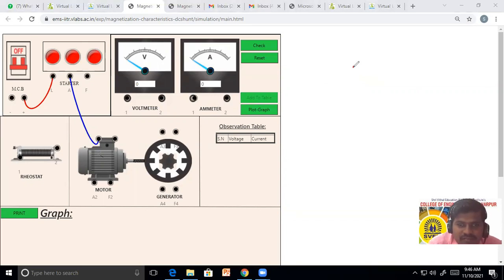Suppose this is the motor, and this is the 3-point starter. This terminal is nothing but the L terminal, this is the field terminal, this is the armature terminal. Okay, now for that L, F, A, the positive terminal of this DC source is the plus terminal, here it is the negative terminal.